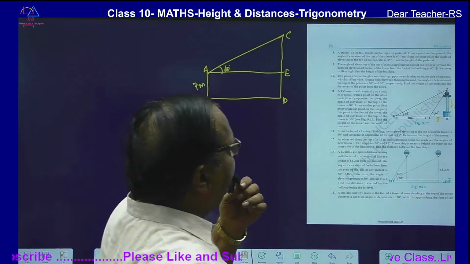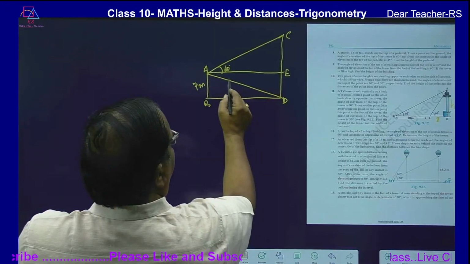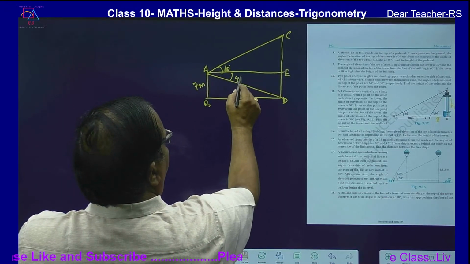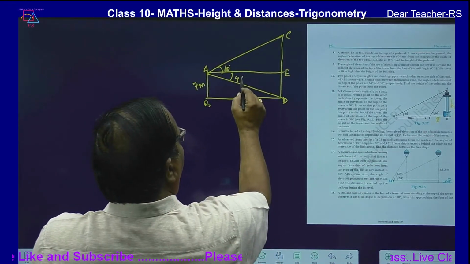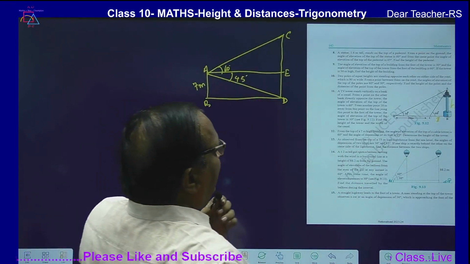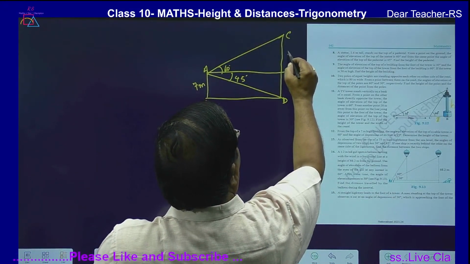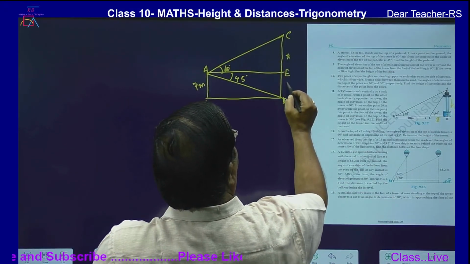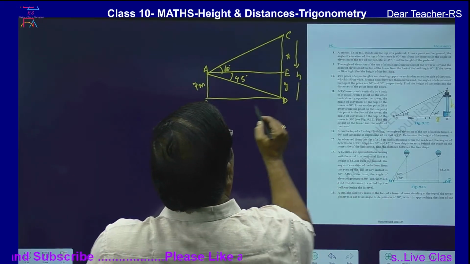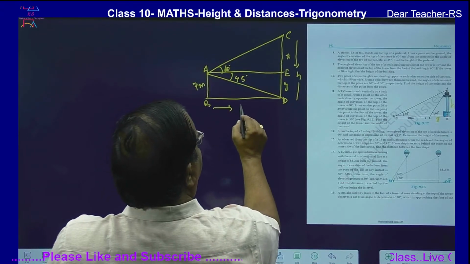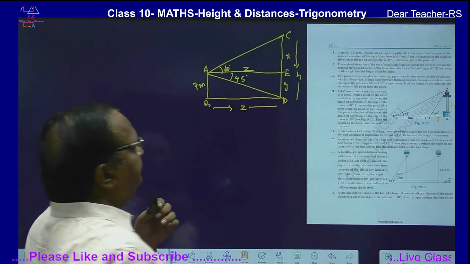And the depression is 45 degrees. Depression of the foot is 45 degrees. And this is 45 degrees. Okay. Find the height of the tower. So let us say this is x and this is y. So this is height of the tower. Let us say this is z, and this is also will become z.